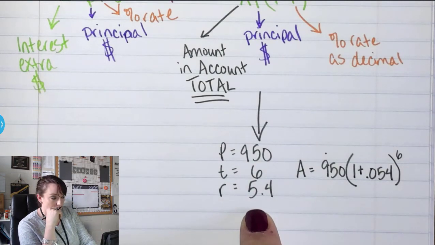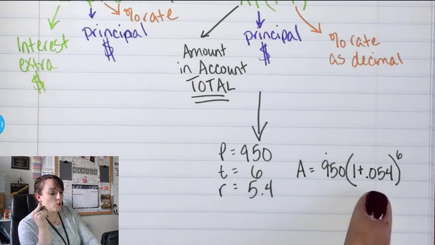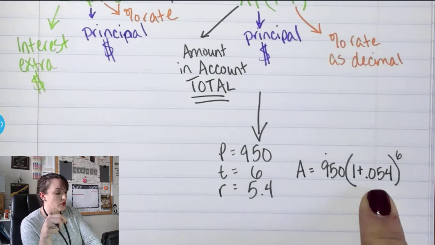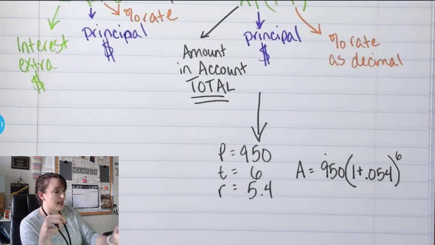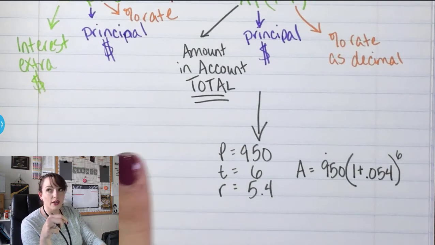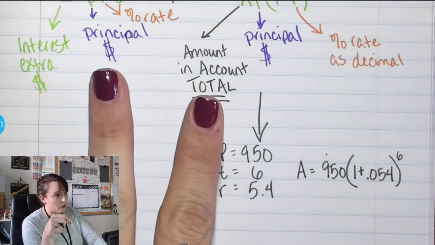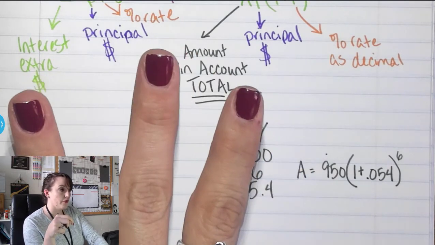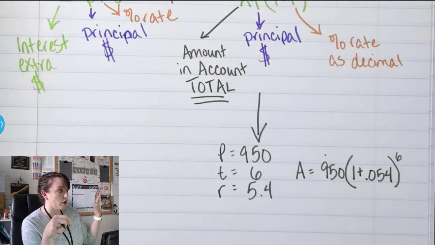Now, 1 plus 0.054 is 1.054. To the 6th means that's 1.054 times 1.054 times 1.054 times 1.054 times 1.054 times 1.054.